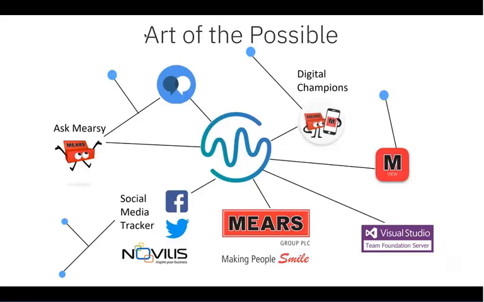So from that perspective, we came up with a couple of use cases to work with them. One was called Ask Mearsy, which is kind of a chatbot implementation of an app. The other was working with a business partner, as some of you might know yourselves, called Novilus, based in Israel, to develop a social media tracker.